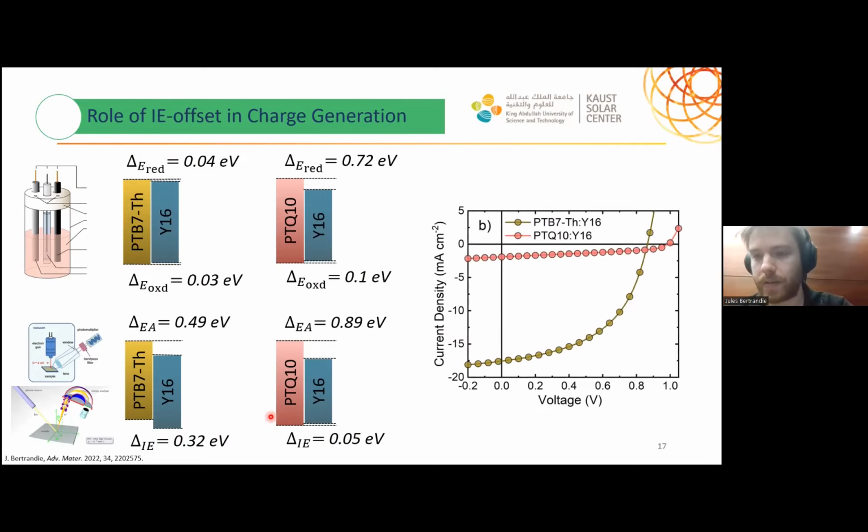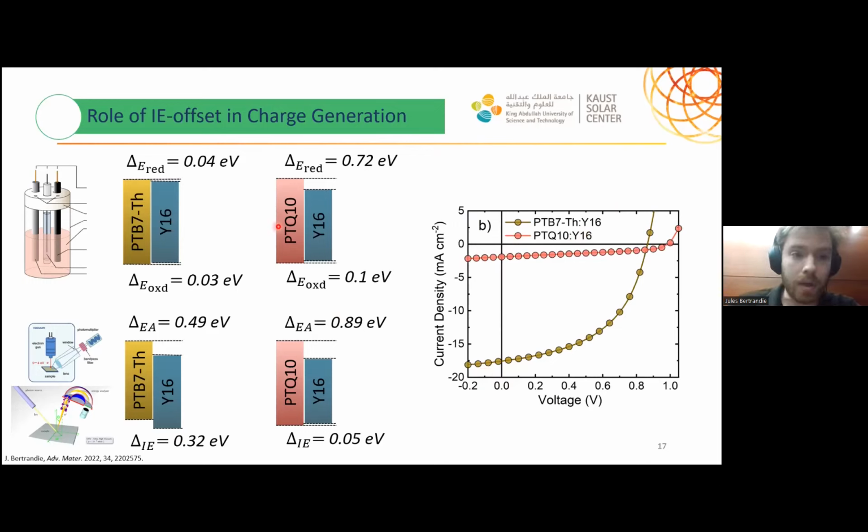So let's look at the IV curve. When we look at the IV curve of our devices, we see that there is a difference between those two blends. One has some trouble with the charge generation compared to the other one. So the PTQ10 has some trouble with charge generation, where we have a better charge generation in the case of the PTB7TH.